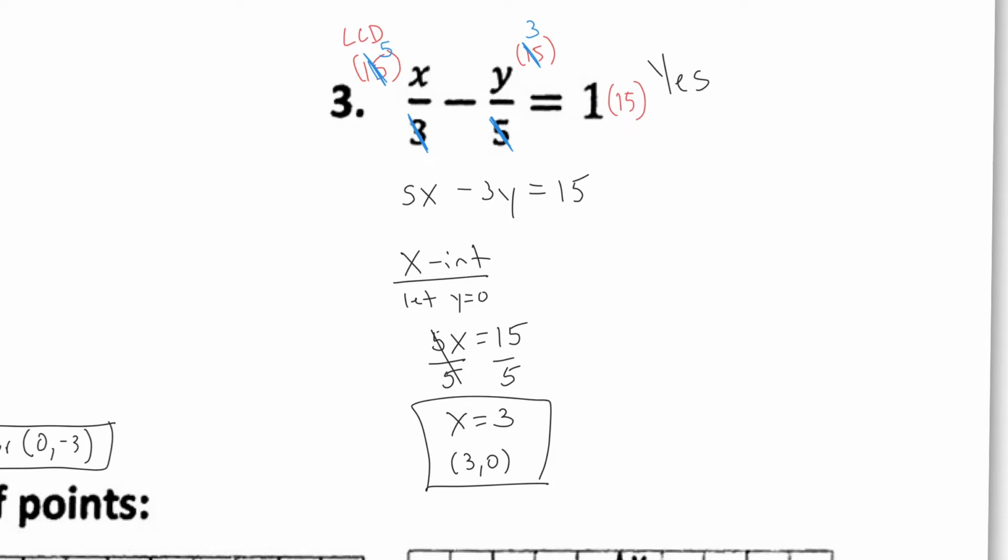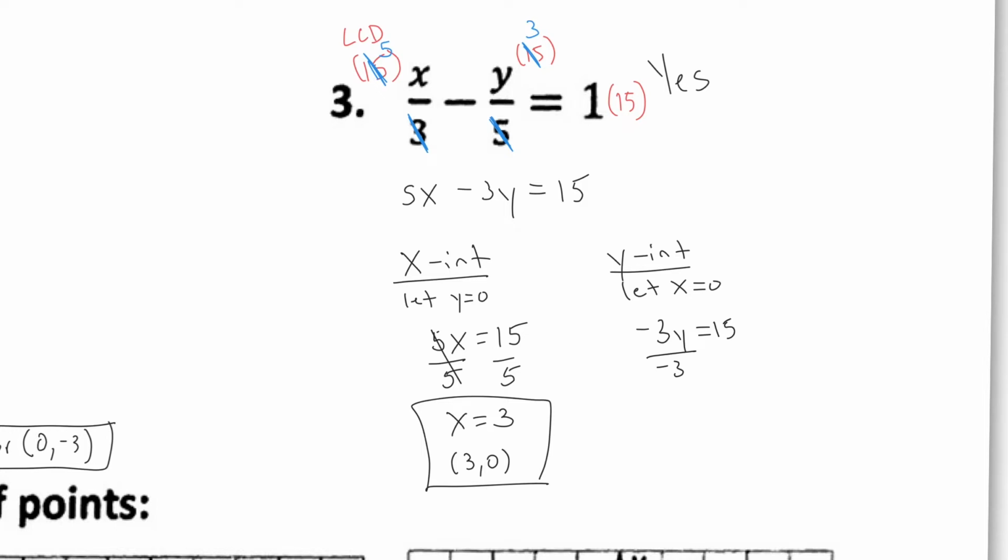For the y-intercept, now you guys are going to let x equal 0. And since you substitute a 0 into the x, this is going to equal 0 when you multiply. So you guys can ignore that one, okay? Ignore this portion. But I'm going to keep the minus 3y equals 15. Careful with the sign because 3 is negative. So you guys have to keep the minus 3, y equals 15.